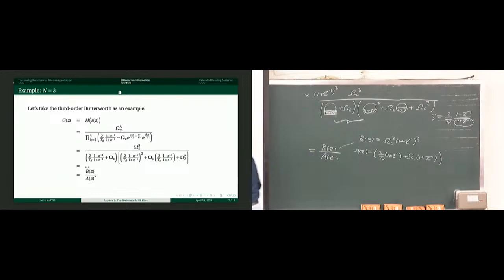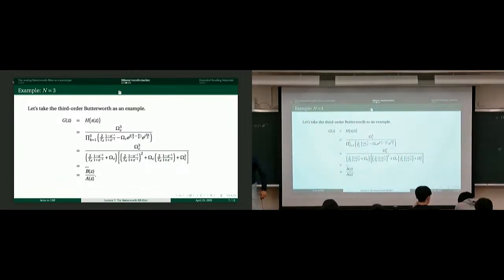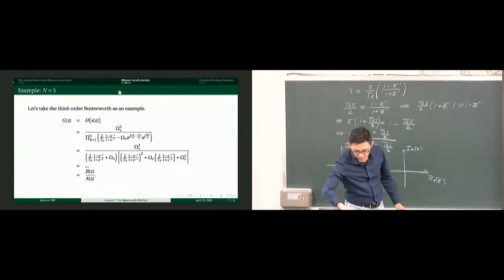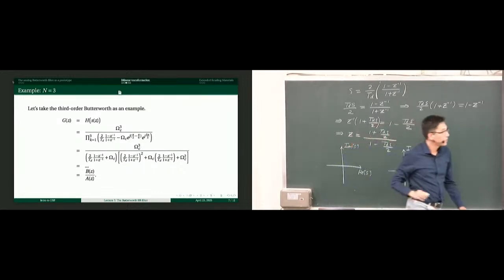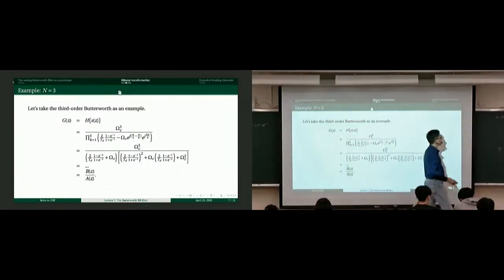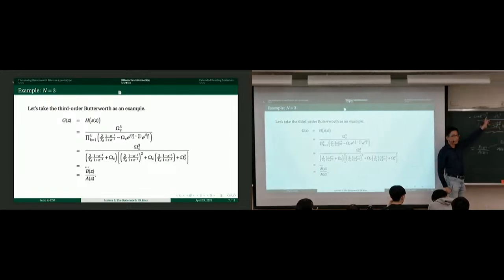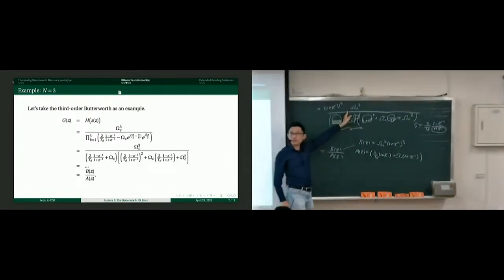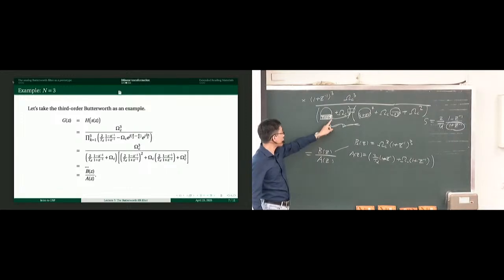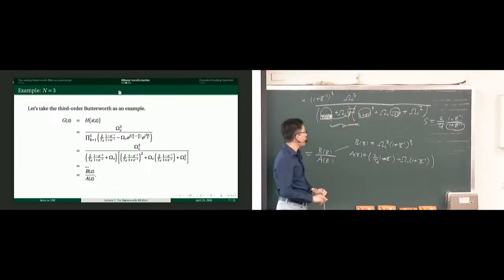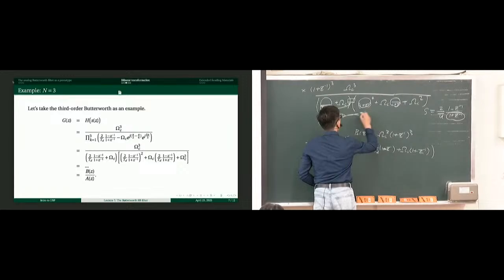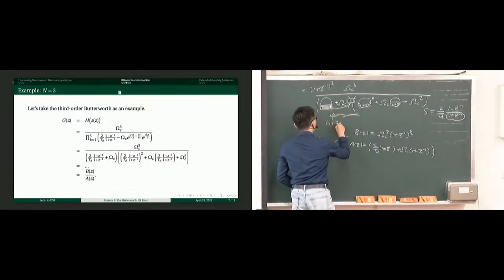Let me find another color. So we move this 1 plus z inverse to here. That's using one of the 3 chances. There are 3 chances, so the first chance can be used right here, and then here we should just multiply with 1 plus z inverse.